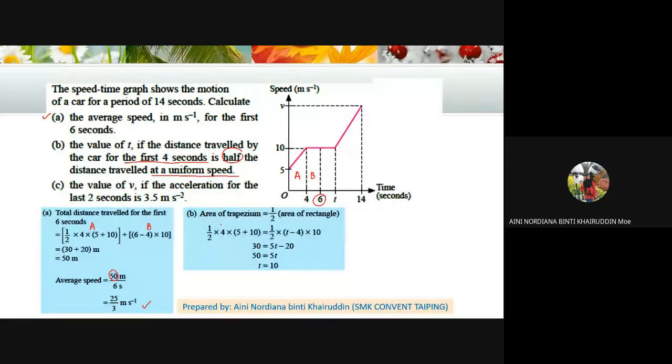So this is the area of trapezium. Area of rectangle, 1/2 times t minus 4 times 10. So you will get the value of t.